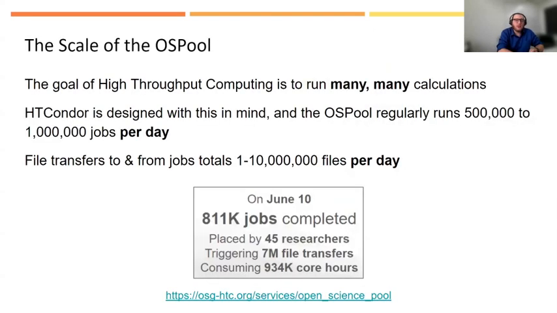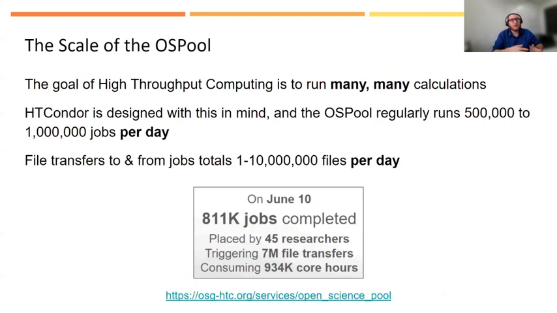And that leads into a problem of scale. The goal of high throughput computing and the OSPool is to run many, many such calculations. HTCondor is designed with this in mind, and we're regularly running 500,000 to 1 million jobs every single day.